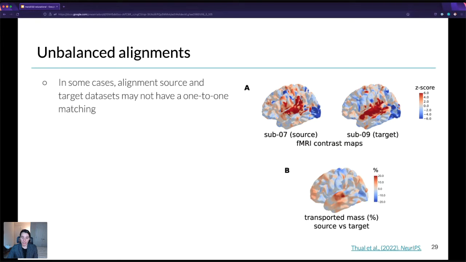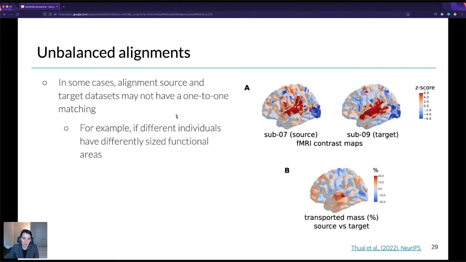And so if we were to enforce that all information from subject 7 moves to subject 9, or vice versa, we might see some kind of odd or undesirable effects. Instead, we can allow for an unbalanced alignment, allow for not all of our information to be matched. And this is useful quite broadly. In this example, different individuals have differently sized functional areas.